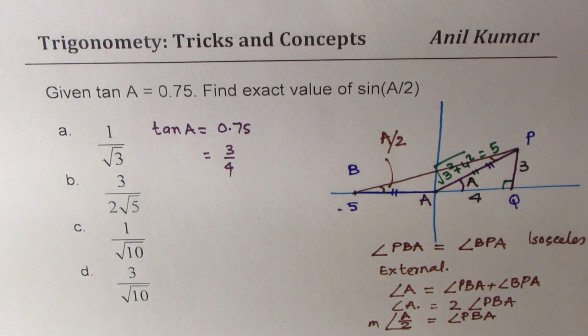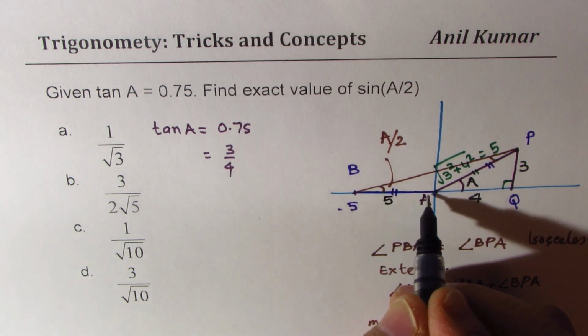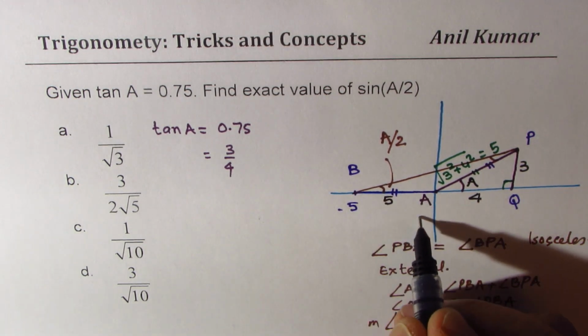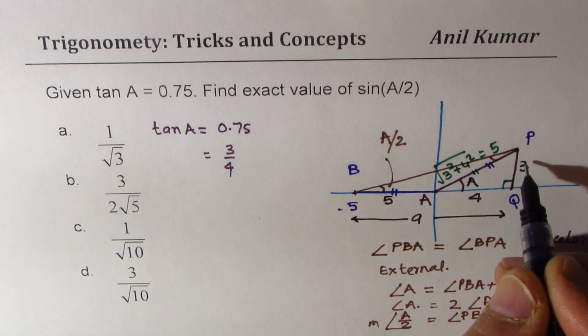Now this problem becomes very simple. Since we have a right triangle to work with, whose sides are known, we know this is 5 units, this is 4 units. So the total of this side is 9 units, correct? And this is 3.